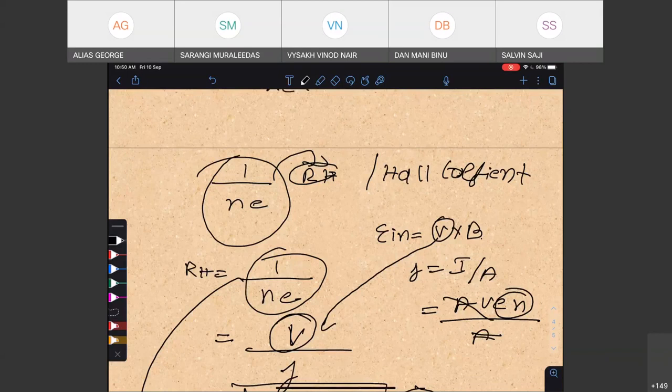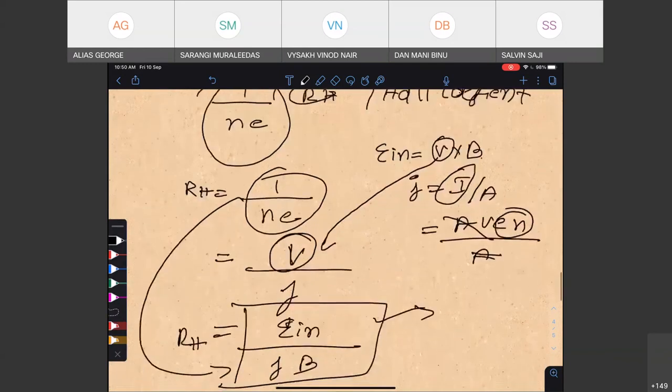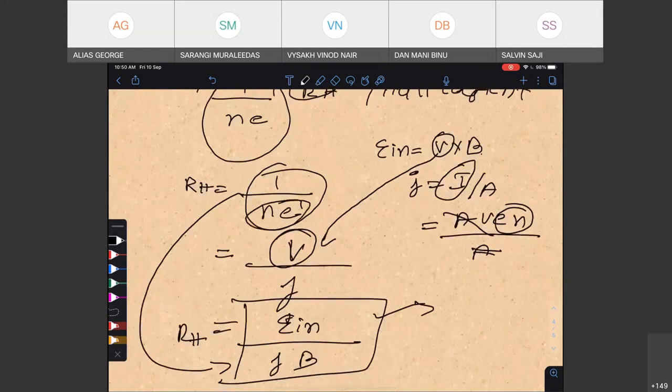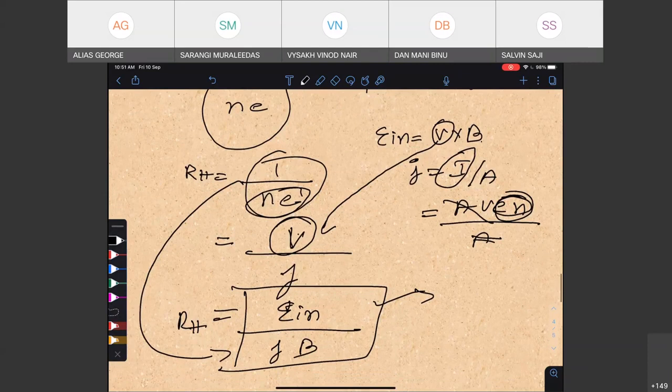And instead of the current density, I took I by A, and we know that I is nothing but A into V into En by A. So we can cancel that A, and instead of 1 by NE, we can write J by velocity. So velocity will come up, and instead of this velocity, I took En by B. Is that clear, Salvin? Yeah, good.